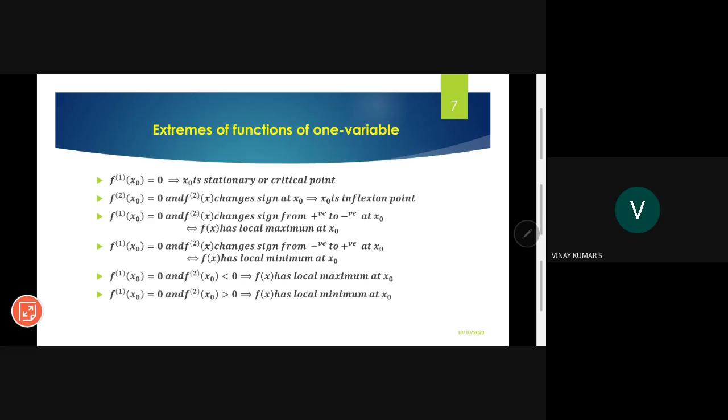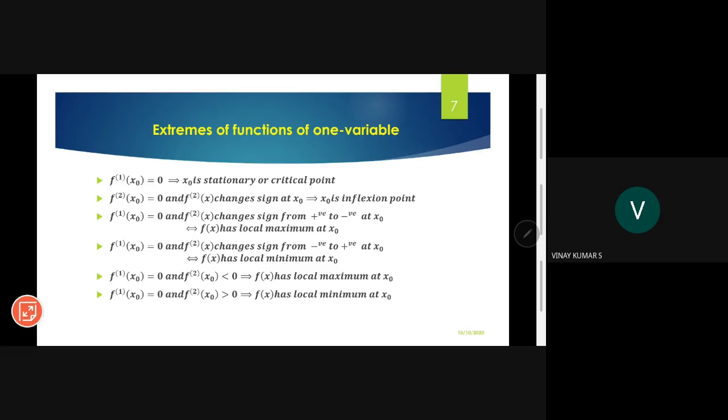And if it changes sign from positive to negative, then f has a local maximum at x0. Similarly, we have talked about local minimum. That's about local maximum and minimum. I have given the details here.